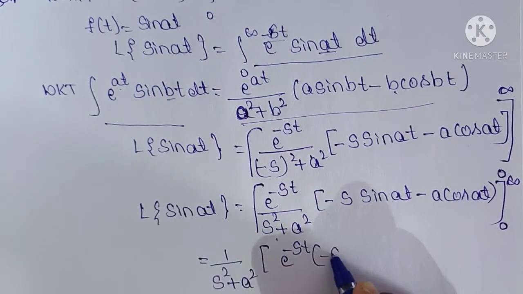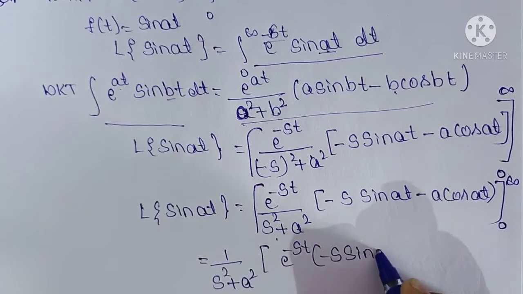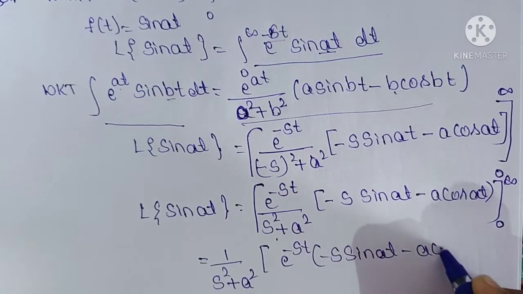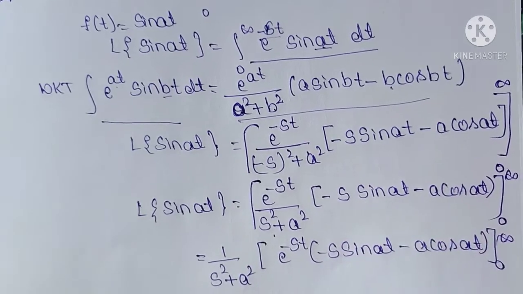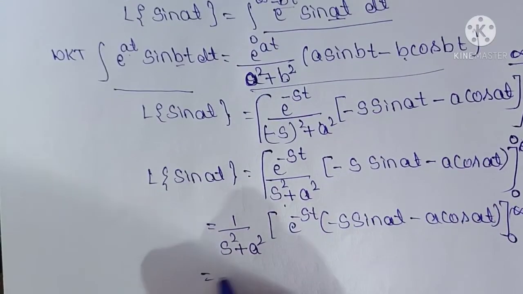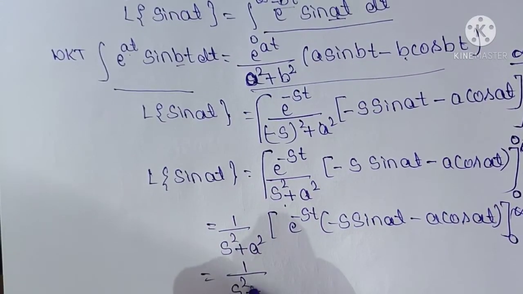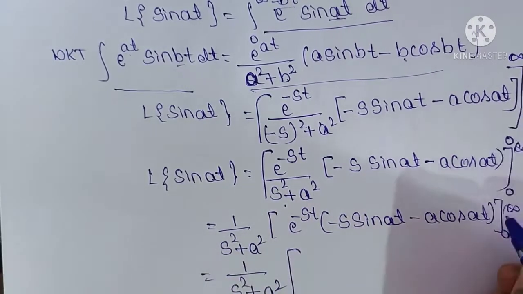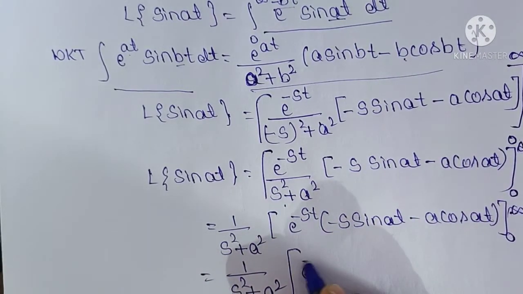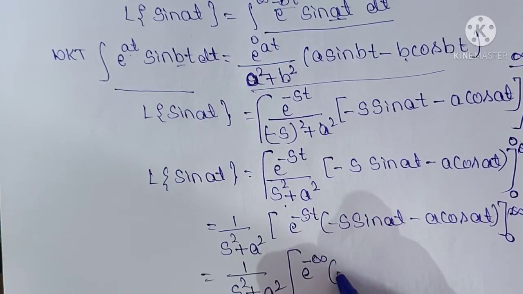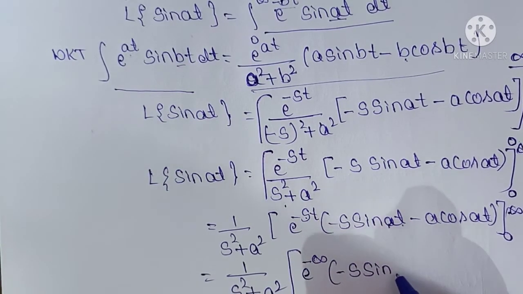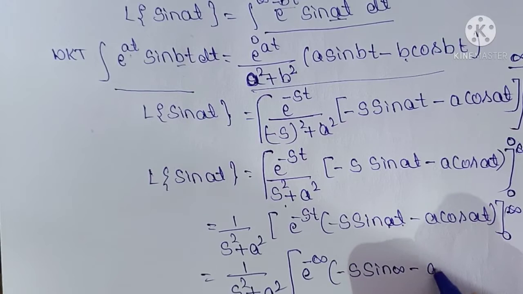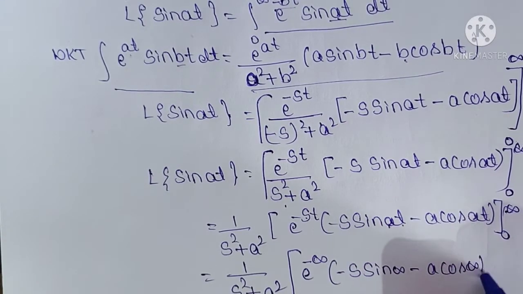limits. Minus a cos at, 0 to infinity. First you apply the upper limit: 1 divided by s square plus a square as it is. If t is equal to infinity, we get infinity into s is infinity, e power minus infinity, sine of t value is infinity, infinity into a is infinity, minus a cos of infinity.